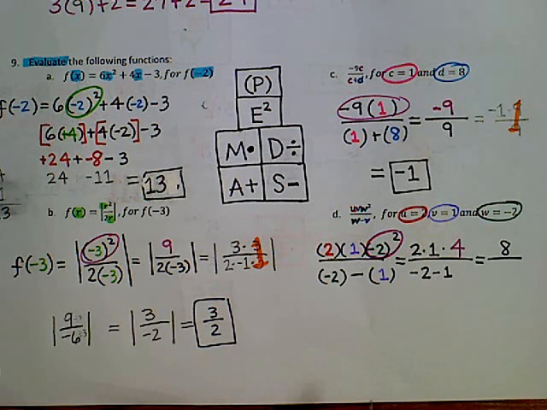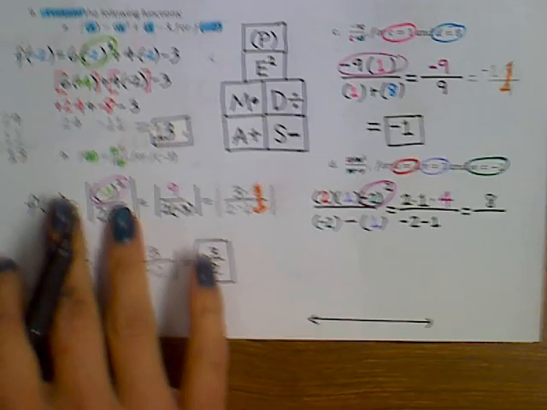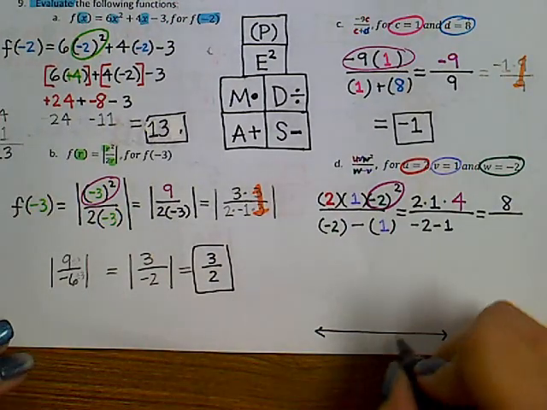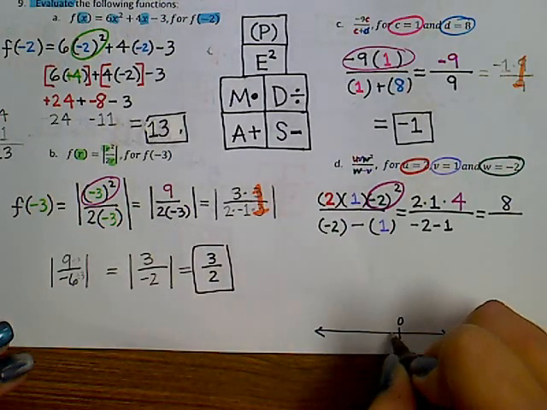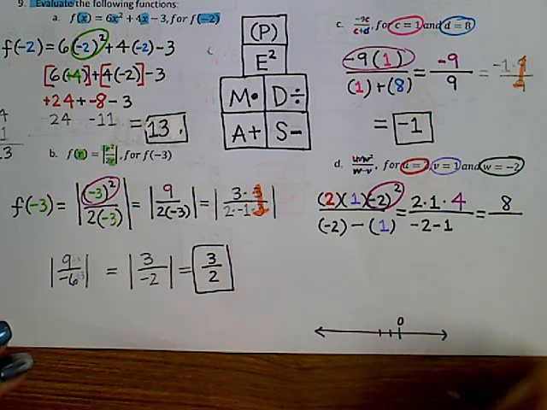Now, worst case scenario, if you guys get stuck on these sort of problems, please don't be ashamed. Don't get it wrong. Draw a number line. So if I say that 0's here and then negative 1, negative 2.